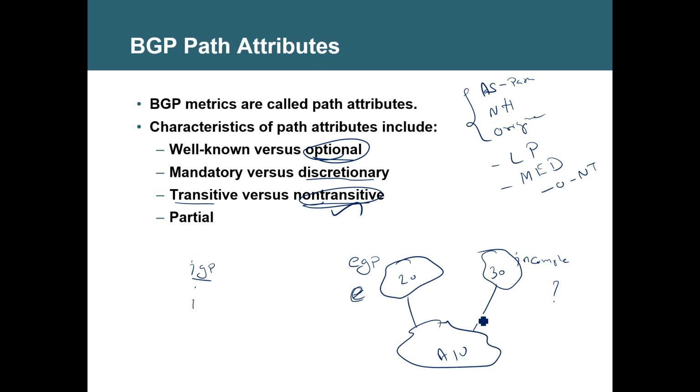This is multi-homing. MED will not be able to make any difference even if you tune MED in this topology. It cannot make any difference. MED is used only in a dual homing scenario.